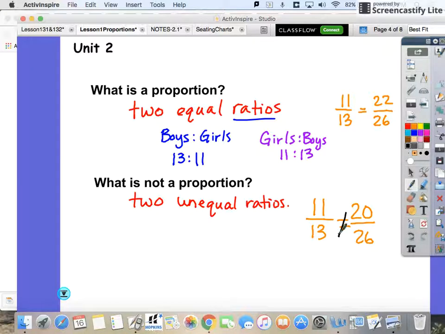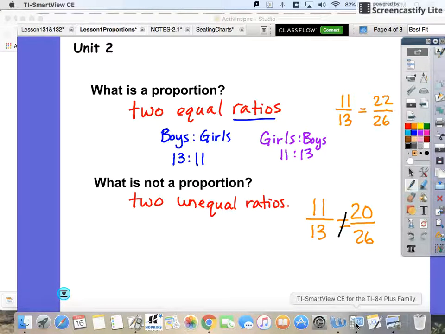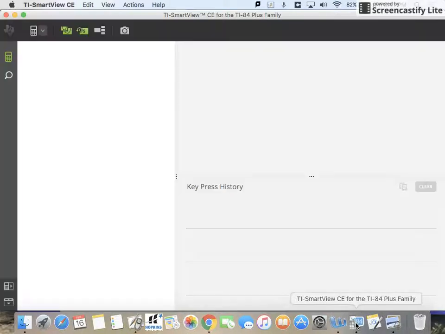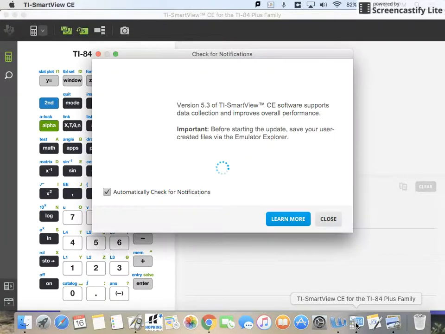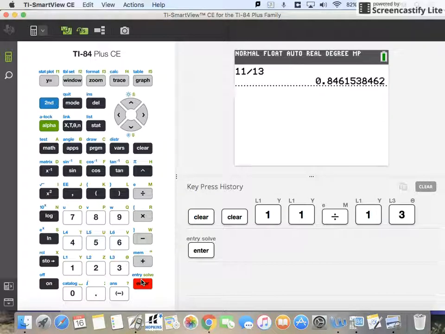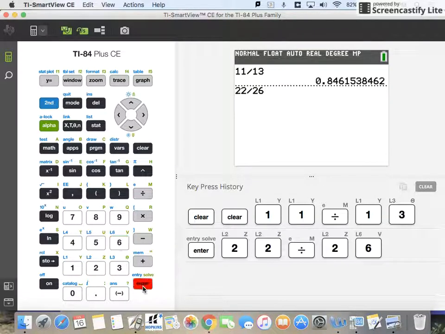Now the way you can check it is you could do 11 divided by 13. Just give me 1 second to boot up the calculator here. So in the first one, when we had a proportion, if you do 11 divided by 13, you get this weird decimal. But if you do 22 divided by 26, which is double, you get the same weird decimal.